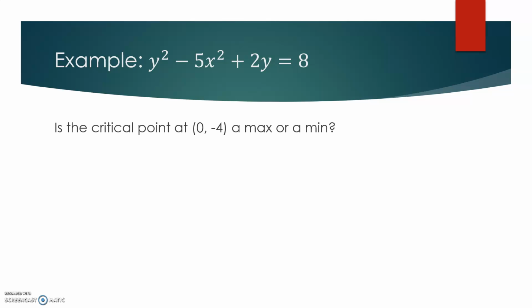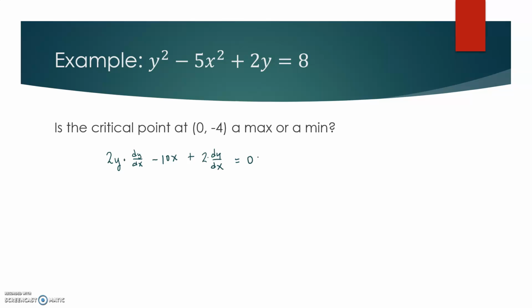For the second example, we're given an implicitly defined relation, and we're asked about a critical point on that relation. So our first step is to take a derivative. We'll have to do it implicitly. So we have 2y times dy/dx minus 10x plus 2 dy/dx equals 0.